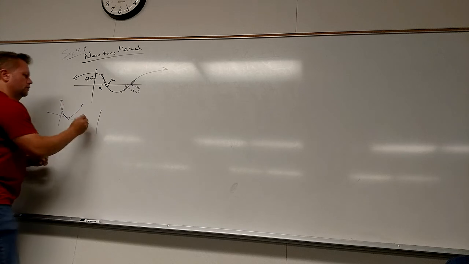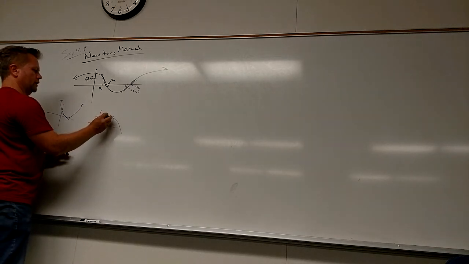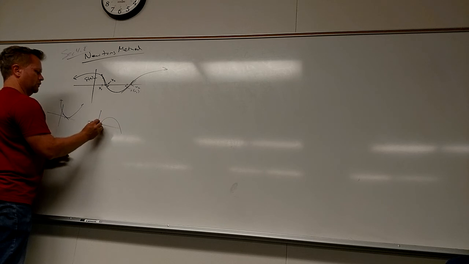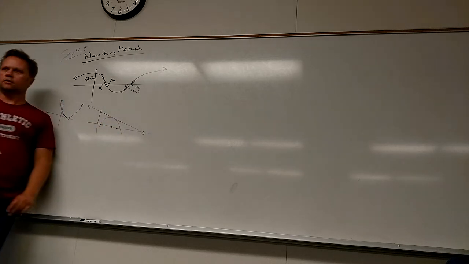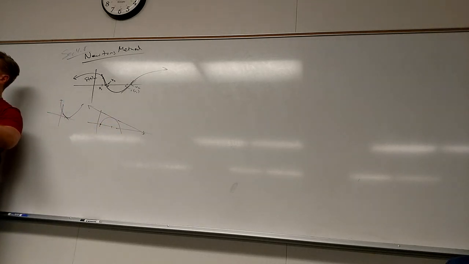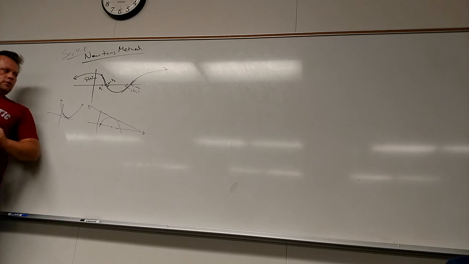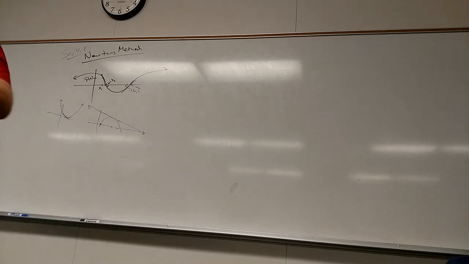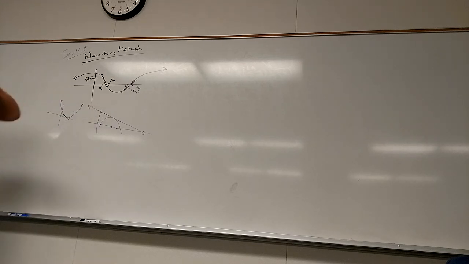If I had one like that, and I guess too far away, then obviously my tangent line's going to go crazy and take me way over there. So you've got to be careful about the kind of function you're working with before you attack it with Newton's method. Your first guess being far off can throw any function off, but certain kinds of behaviors will throw the whole thing off a bit.